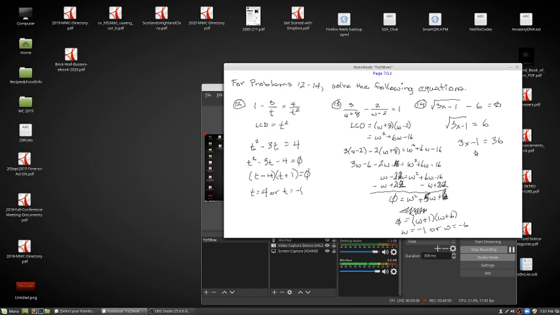Add 1 to both sides, and we end up with 3x is equal to 37. And divide both sides by 3, and we end up with x is equal to 37/3.